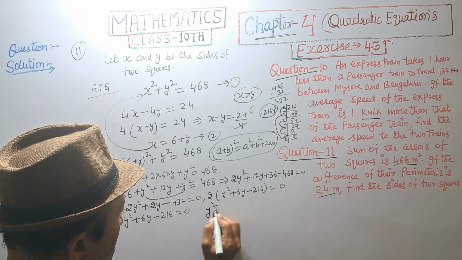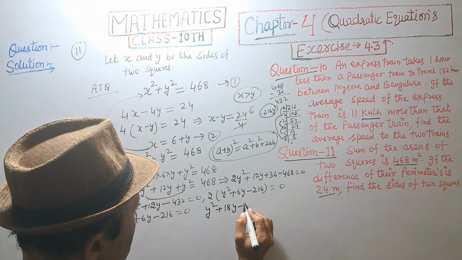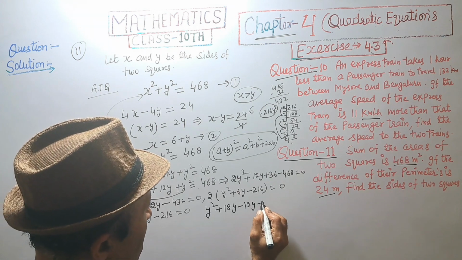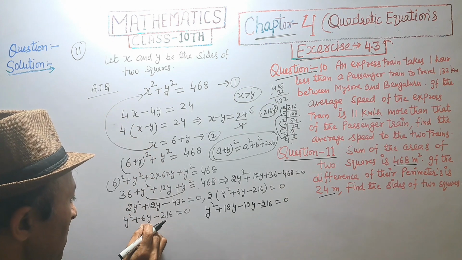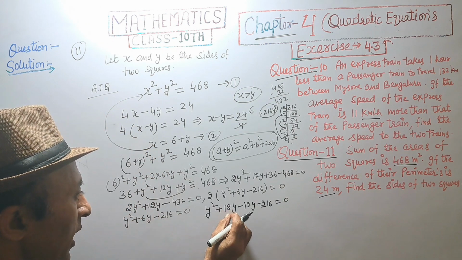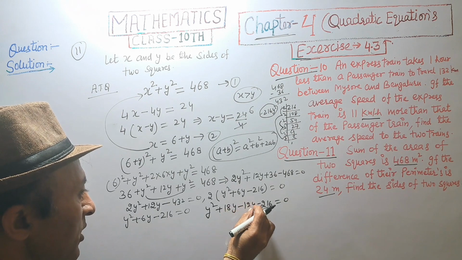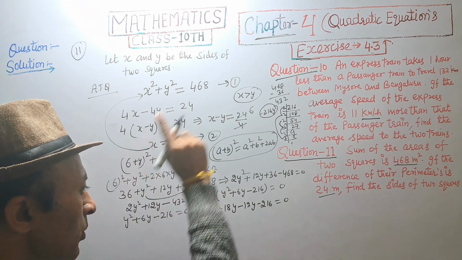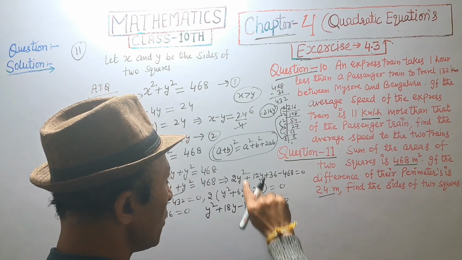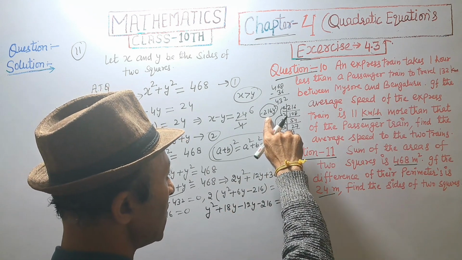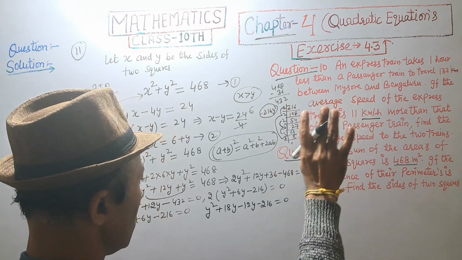So y^2 + 18y minus 12y minus 216 is equal to 0. We are splitting 6y equal to 18y minus 12y. 18y minus 12y is equal to 6y, and the product of 18y and minus 12y is equal to minus 216y^2.